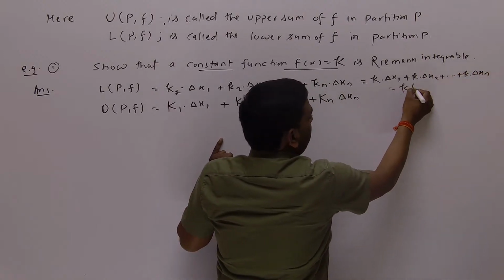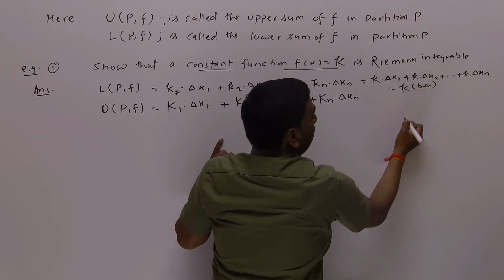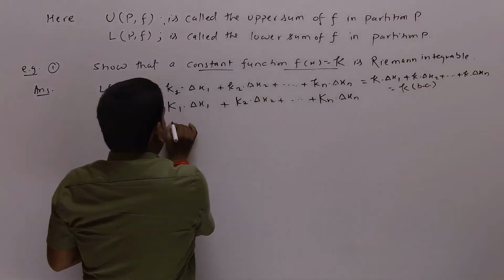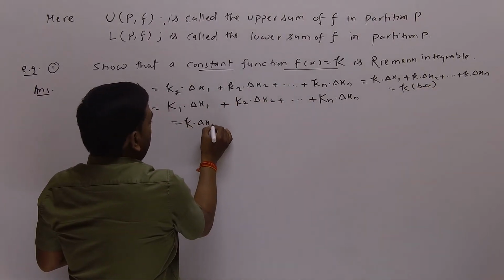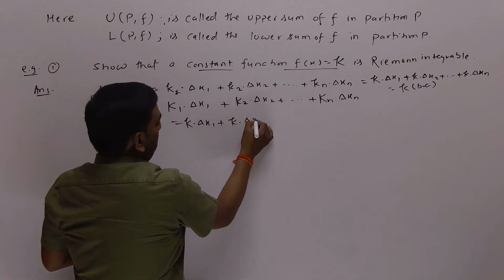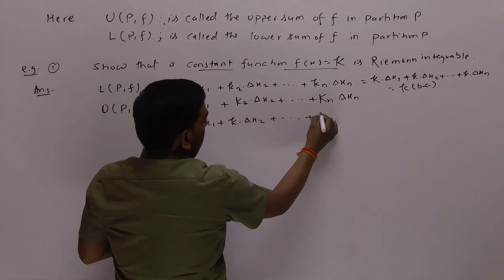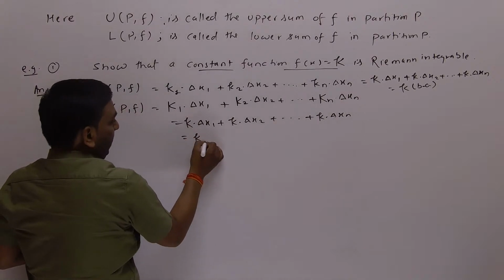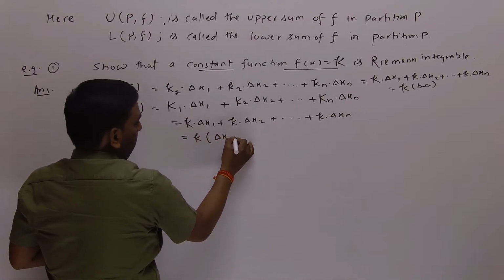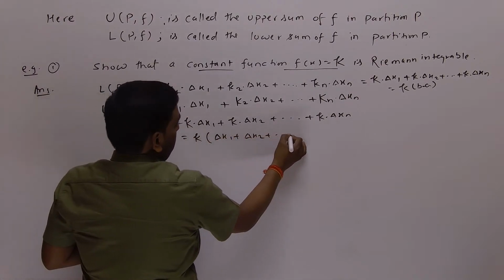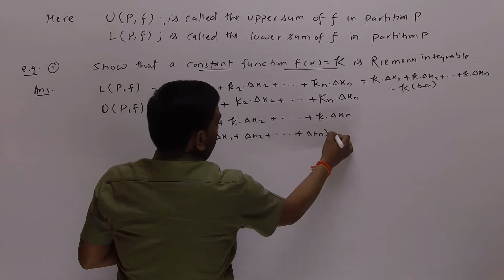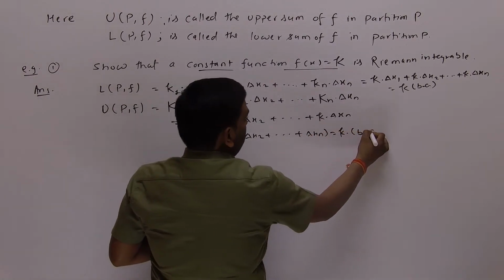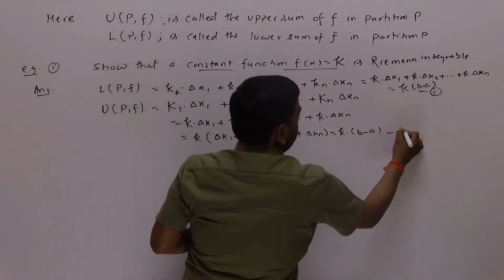So that is small k into b minus a, right? Similarly, the upper sum will look like k into delta x1 plus k into delta x2 plus k into delta xn. If you take out k as common, ultimately it turns out to be again k into b minus a.